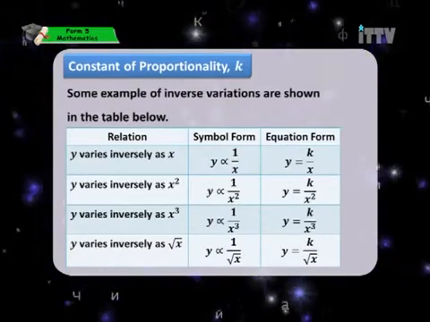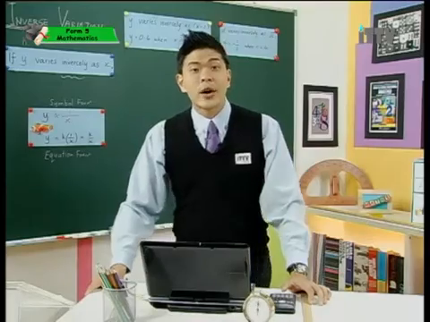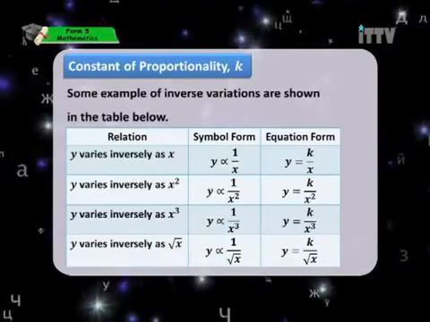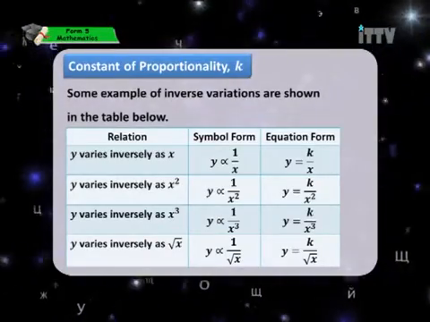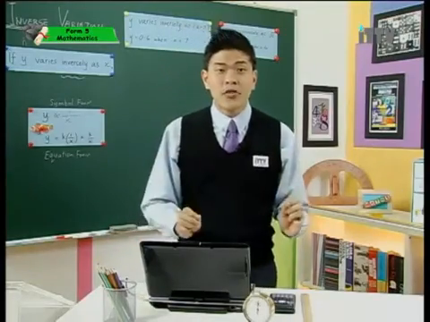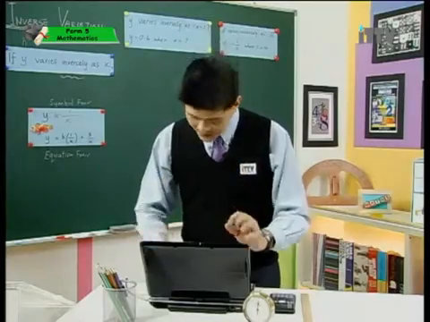Symbol form, y varies 1 over square root x. Equation form, y equals k over square root x. So guys, look at this table again, and can you identify a pattern? No matter what the quantities are, always in symbol form and equation form, it will take this kind of pattern.